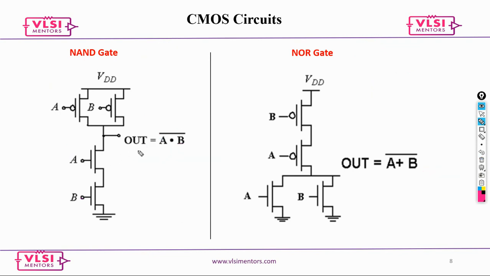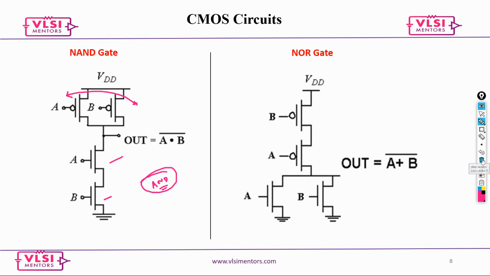As I said, A and B in series is basically AND, meaning A dot B, and then this series becomes parallel on the pull-up side.